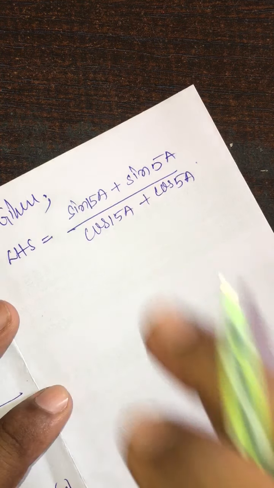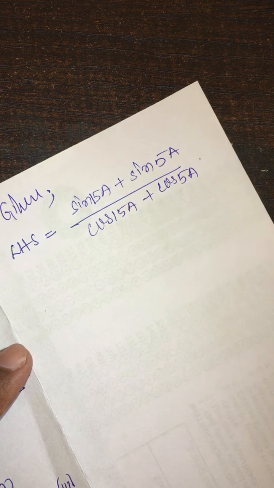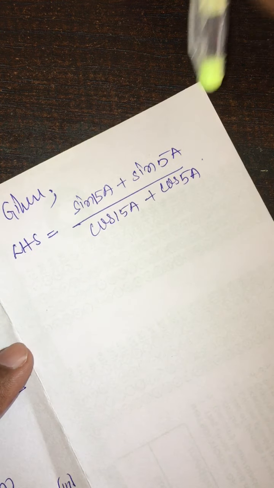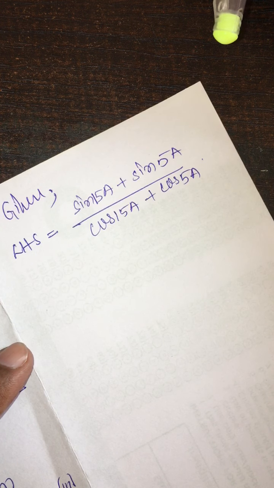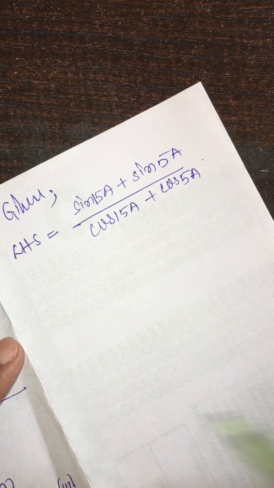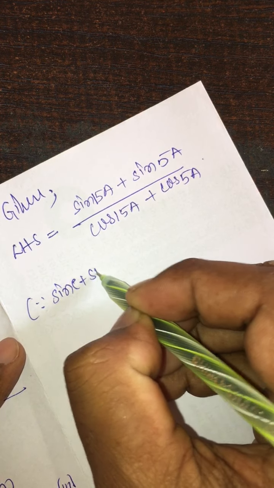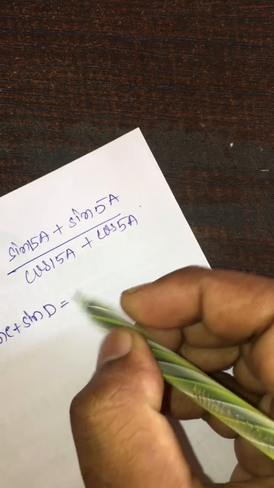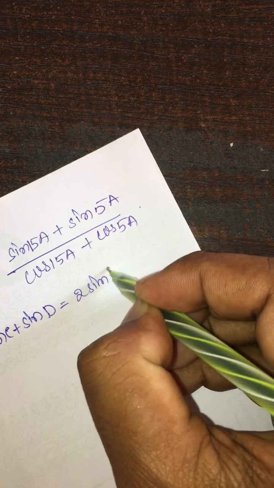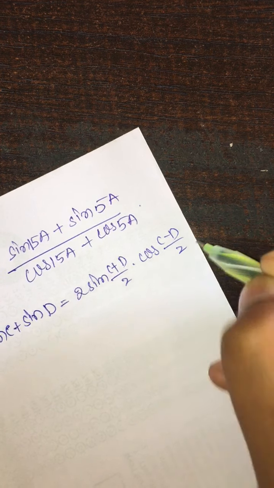In this, in the numerator we can see very clearly the formula, which is sin C plus sin D, and again in the denominator cos C plus cos D. So in this sin C plus sin D, I am recollecting and writing here. The formula is 2 sin (C plus D) by 2 into cos (C minus D) by 2.